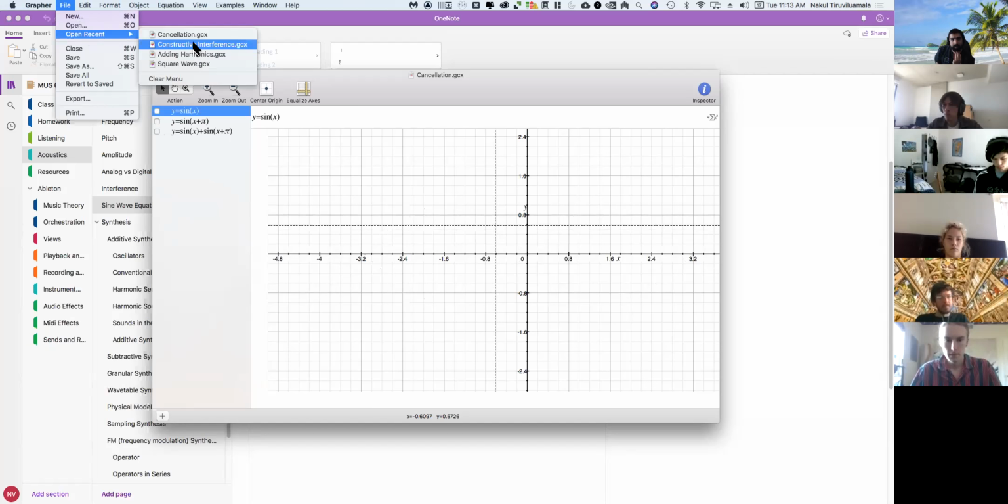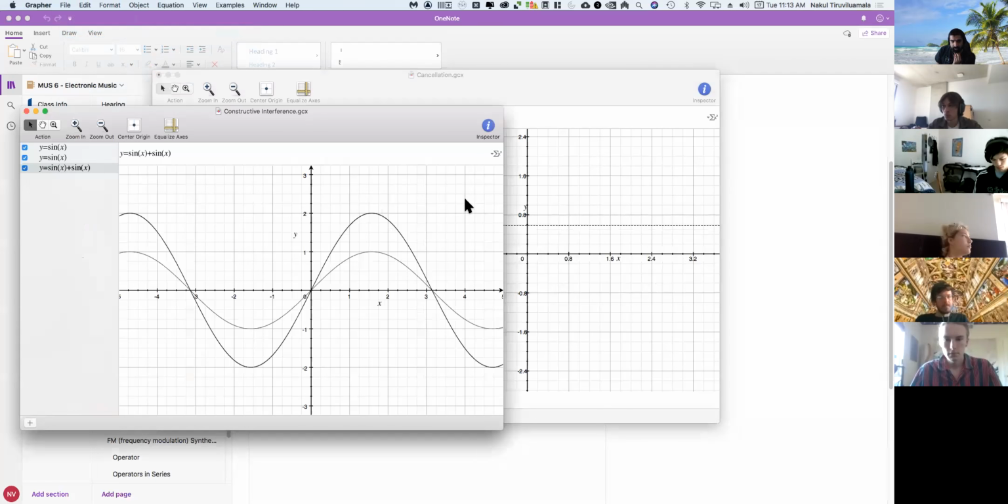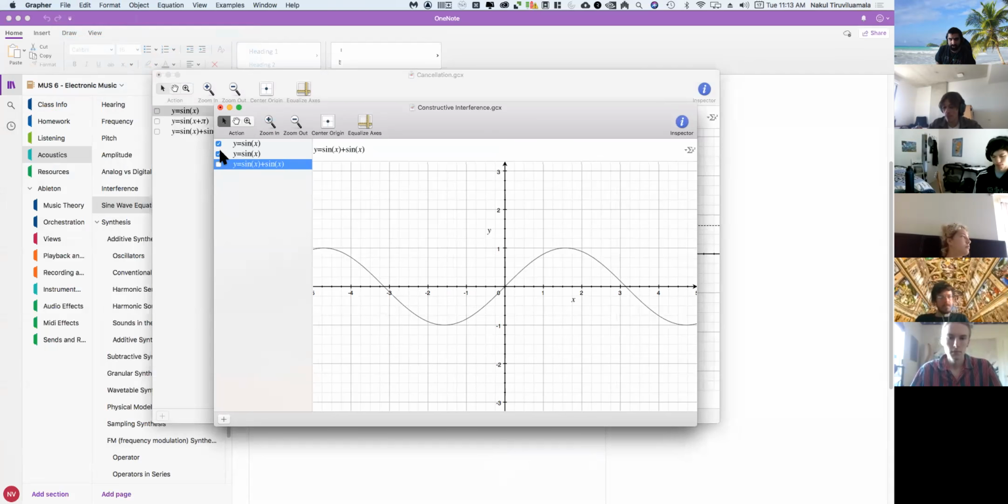So if I show you another example of this, the waves can actually reinforce each other. In this particular case, you have this wave, and then you have the same exact wave. This is one wave. This is another wave. They're the same exact wave, and you can see them both. They perfectly overlap, so you can't necessarily tell which one is which. But if you add these two waves together, they perfectly reinforce each other.